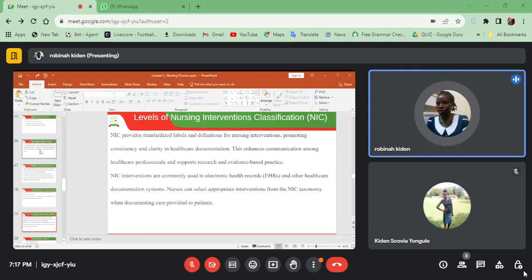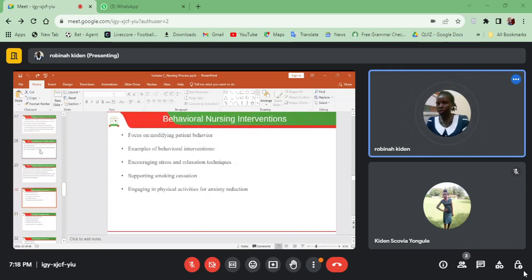So nurses can select appropriate interventions from the NIC taxonomy when documenting care provided to the patient, and it makes it really simpler than if the nurse was to come up with the words that she is supposed to write for that specific care being given.